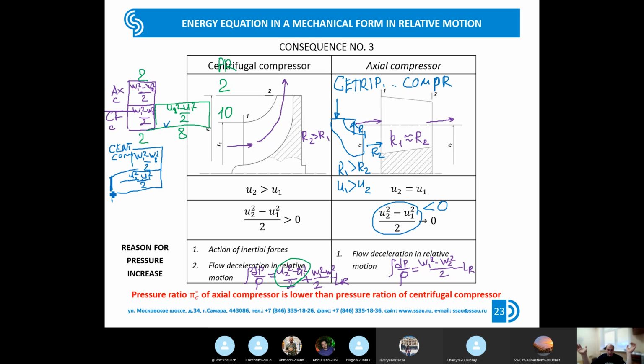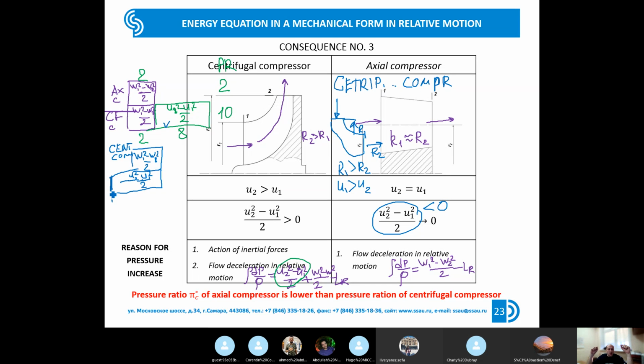So I think it's a very important slide. It explains why we increase pressure in a centrifugal compressor, because we have the action of inertial forces and flow deceleration in relative motion. And it explains why the pressure increases in an axial compressor, because the flow is decelerated in relative motion.